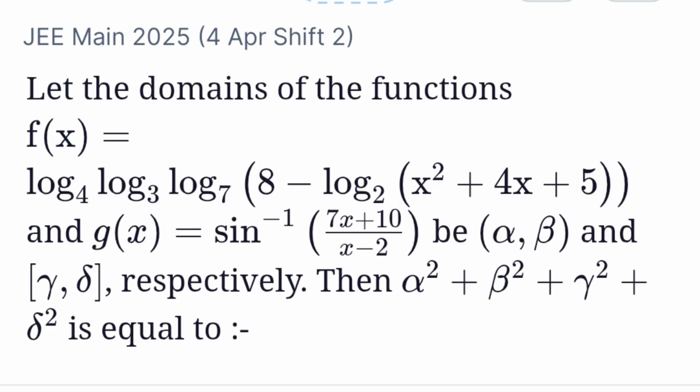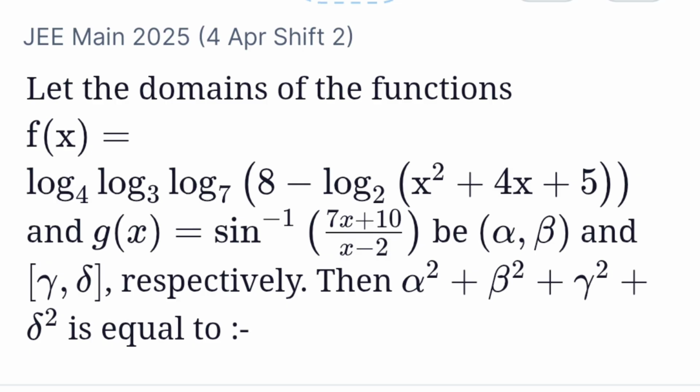Let the domain of the function f of x equal to log base 4 of log base 3 of log base 7 of 8 minus log of x square plus 4x plus 5 base 2, and g of x equal to sine inverse of (7x plus 10) by (x minus 2), be alpha, beta and gamma, delta respectively.